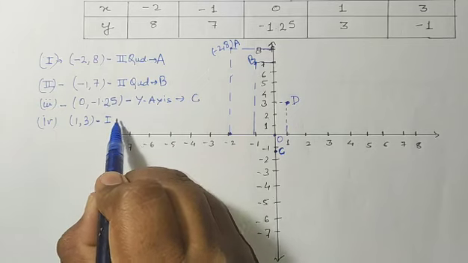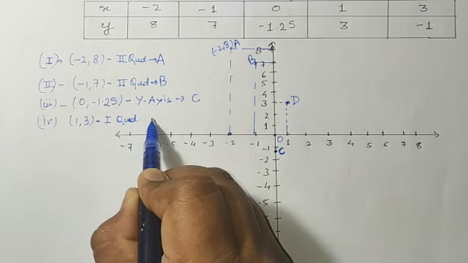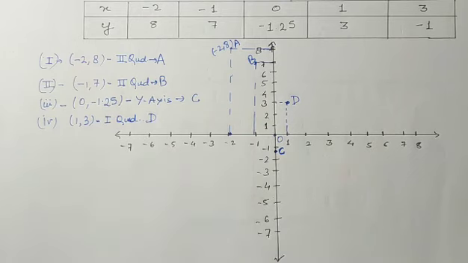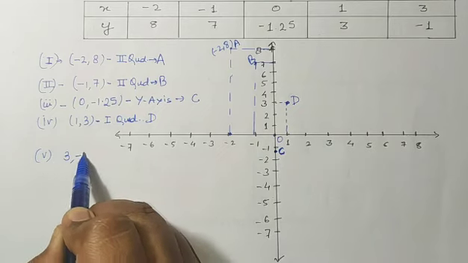It will lie in the first quadrant, and we have represented it by D. Now students, the last point is 3, minus 1.